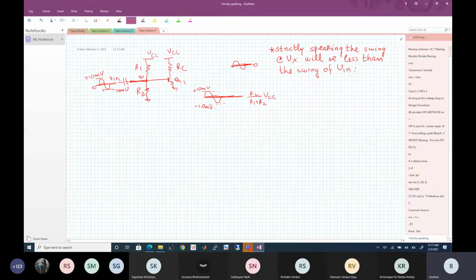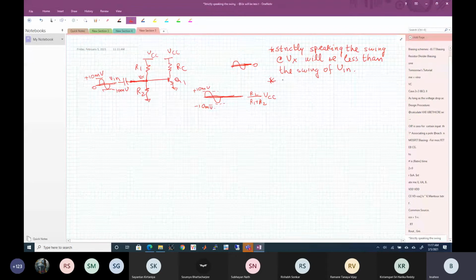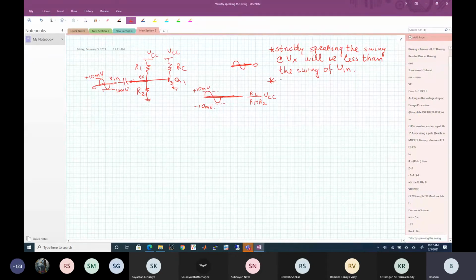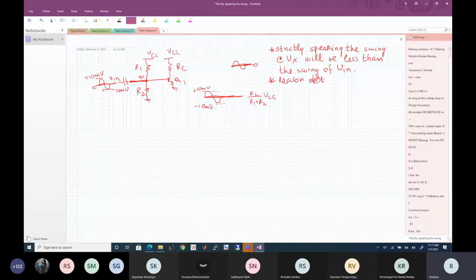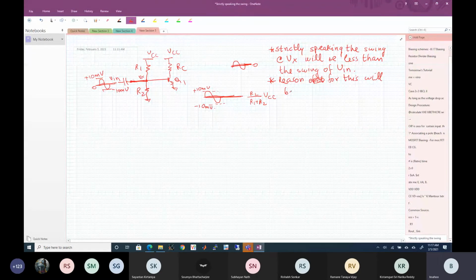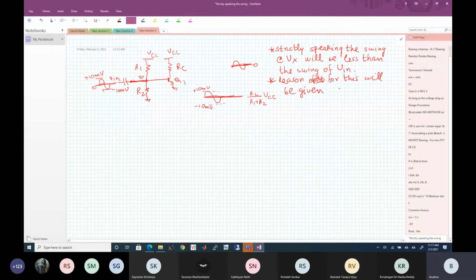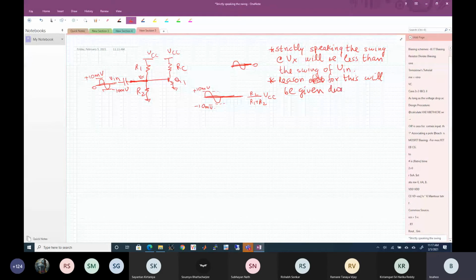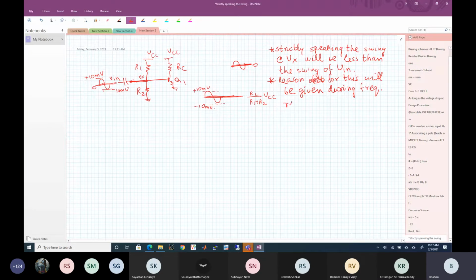So this is very important. I'll give the reason when we go into frequency response. So please ask me this question if I forget. The reason for this will be given during frequency response analysis.